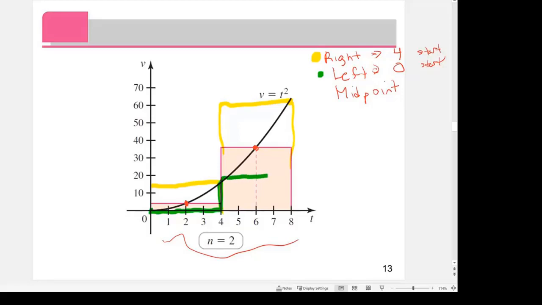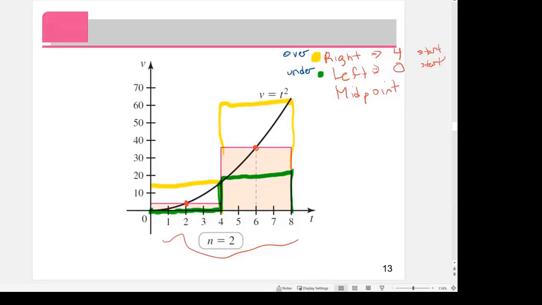I would have a rectangle that looks like this. And we can see that this would be over and this would be under as far as the area goes, because the green, I'm missing a lot of area, and the yellow, I have a lot of extra area.